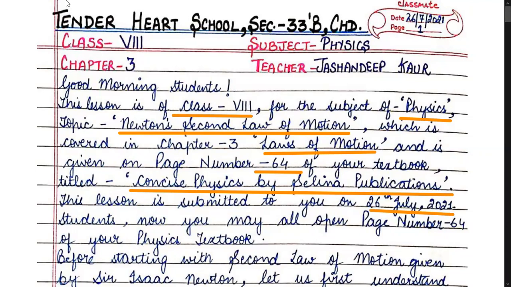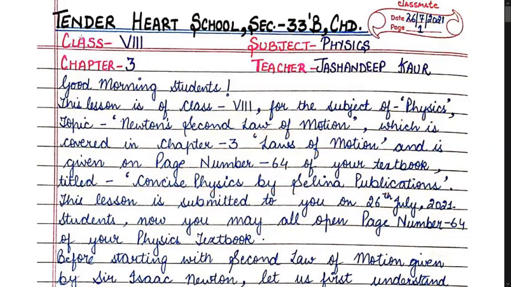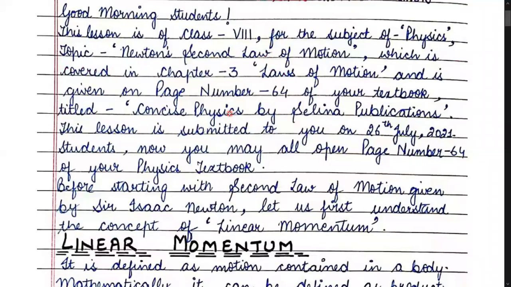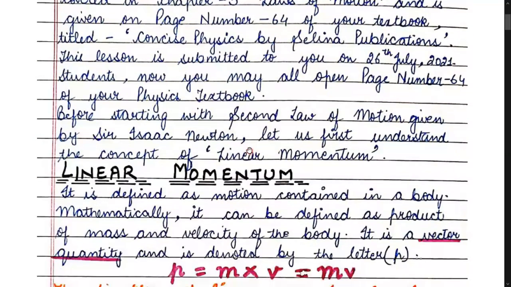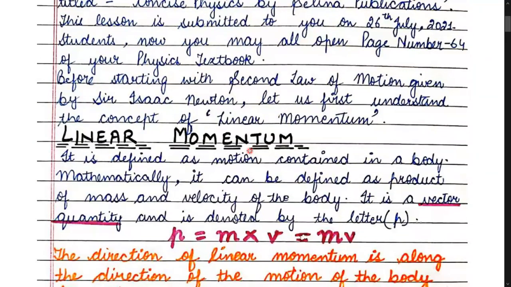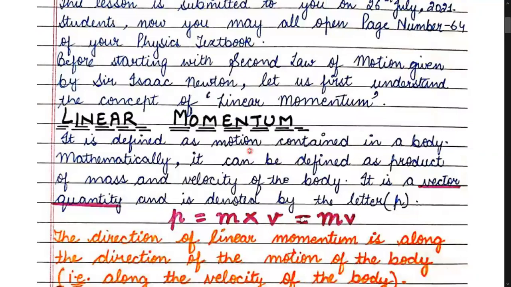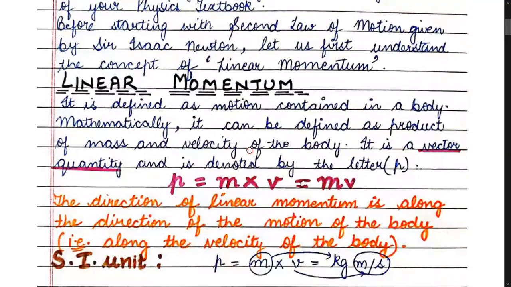Students, now you may all open page number 64 of your physics textbook. Children, before starting with the second law of motion given by Sir Isaac Newton, let us first understand the concept of linear momentum.